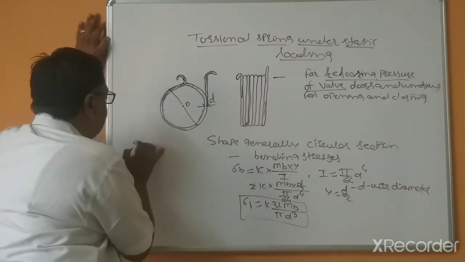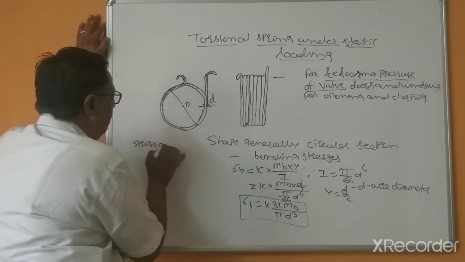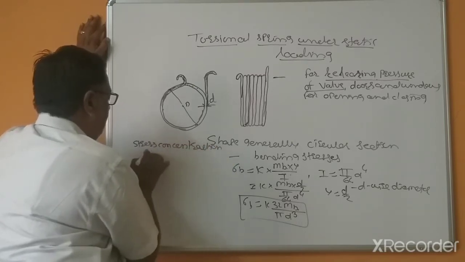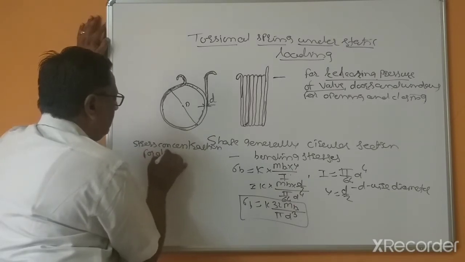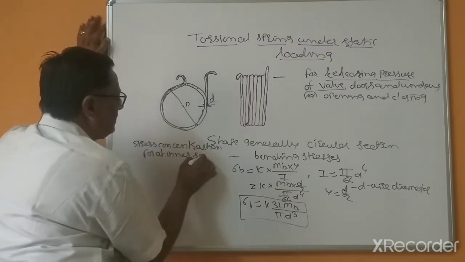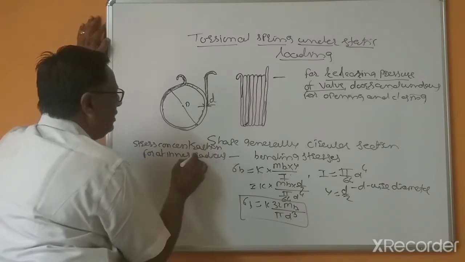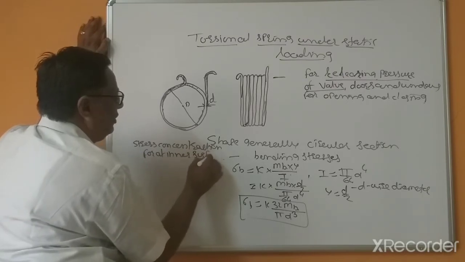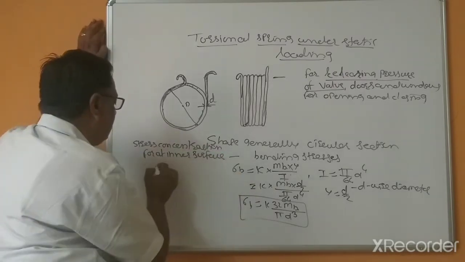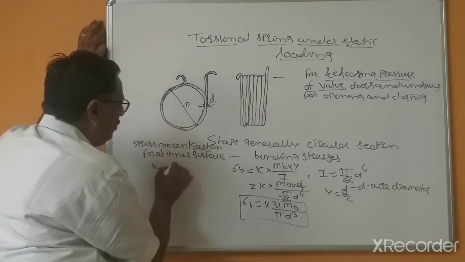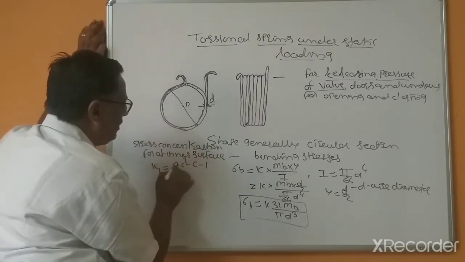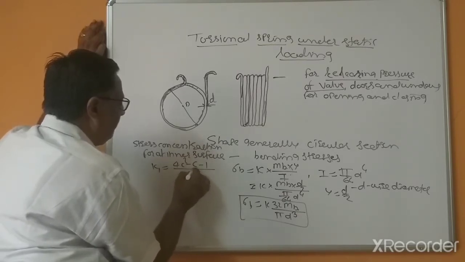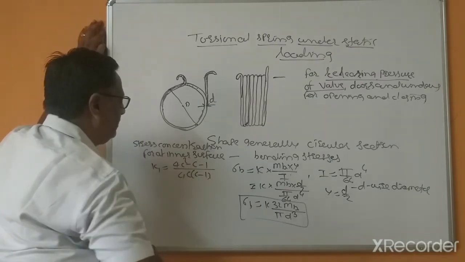For the stress concentration factor at the inner radius, means at the inner surface of the wire, you can calculate by using the formula (4c squared minus c minus 1) divided by 4c into (c minus 1).